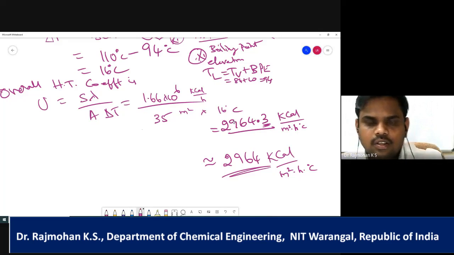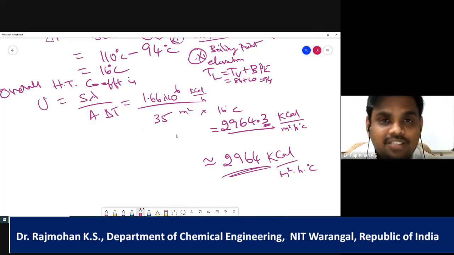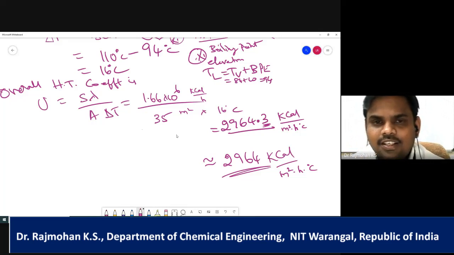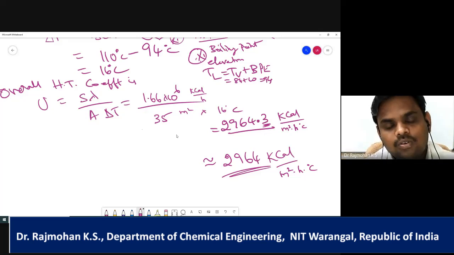Okay, so in this we have solved two numericals. In the first case we have not considered the boiling point rise. In the second case, boiling point rise data is given, that is 10 degrees Celsius. So the main difference is that we have to consider the liquid temperature to be the temperature of the vapor plus the boiling point rise.